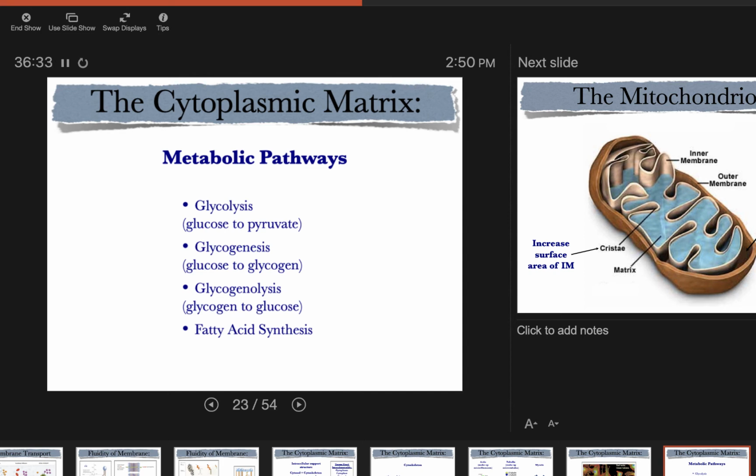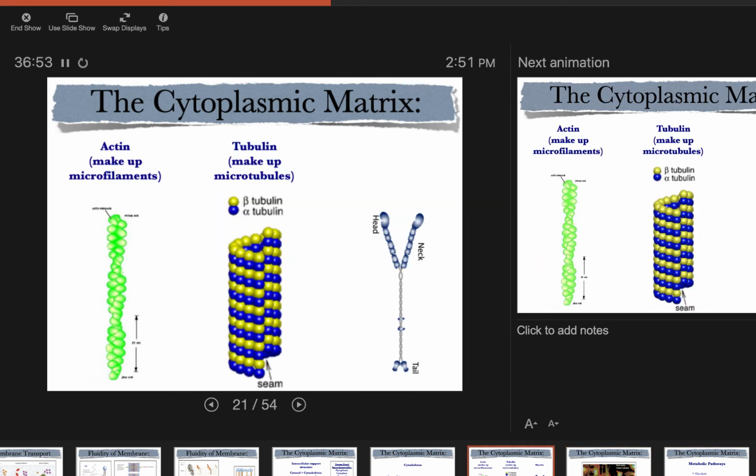Fatty acid synthesis. We're going to briefly define this as the synthesis of fatty acids from acetyl-CoA. And we kind of looked at that before, right?